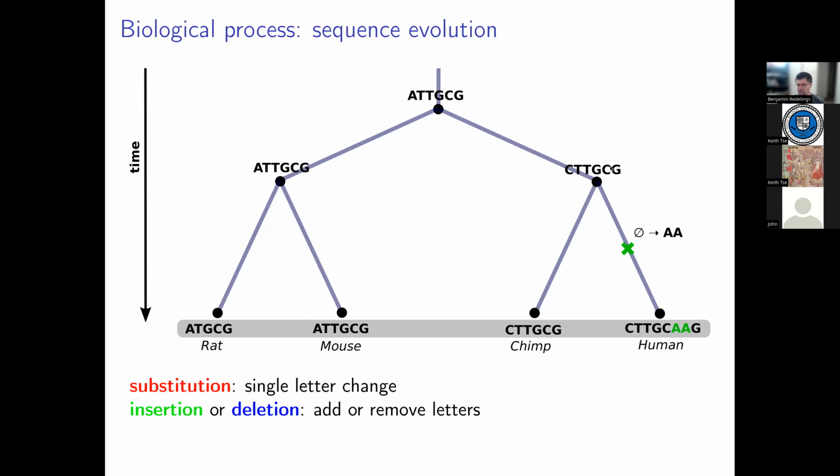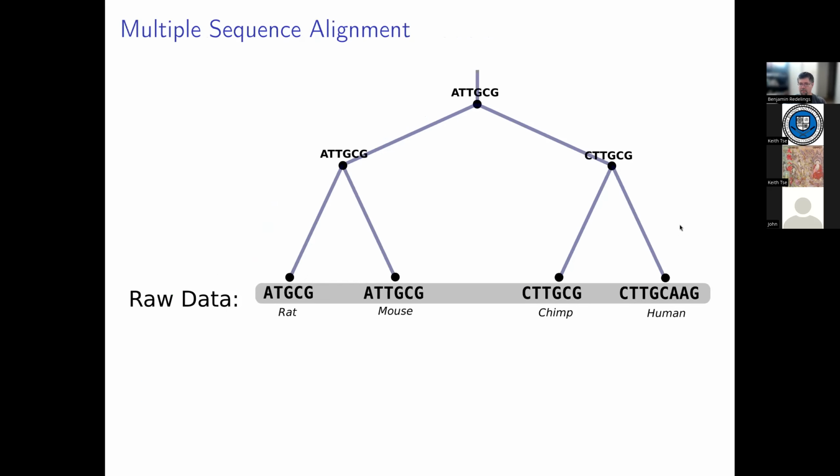Another type of change can change the length of the sequences. So here, for example, we see this green X representing the insertion of 2 A's in the human ancestor. And the blue X represents the deletion of a T in the rat ancestor.